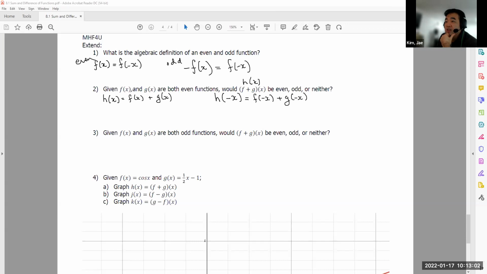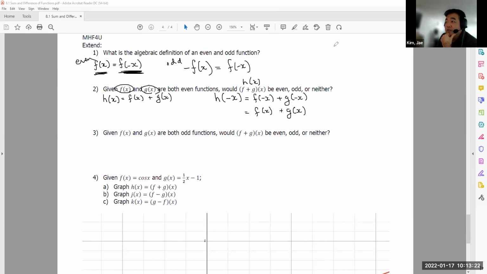But what did we just say that f and g are? They're both even. So what does that mean? If I have f of negative x, I could rewrite it as f of x. And if g of negative x is even, I could say it's the same value as g of x.